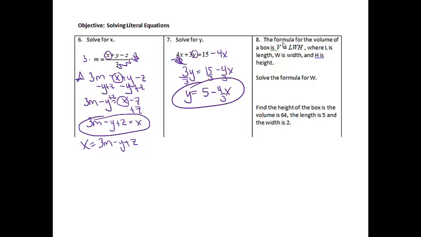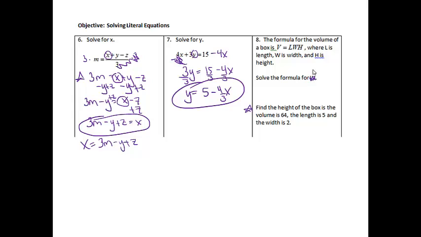All right, number 8. The formula for the volume of a box is V equals LWH, where L is length, W is width, and H is height. It does say to solve the formula for W, so let's go ahead and do that. Actually, I'm going to change this because this part is not going to be right if we don't.